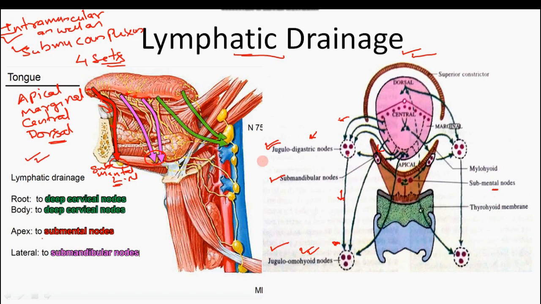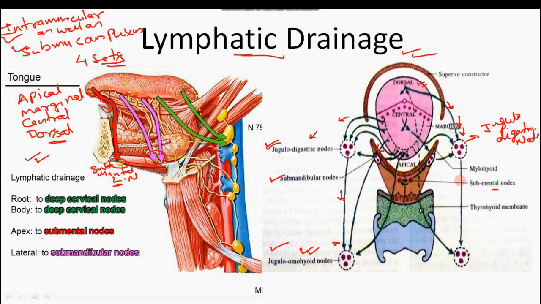Clear? Now this dorsal set of lymphatic drainage drains the posterior one-third of the tongue, and most of them drain to the jugulodigastric node.